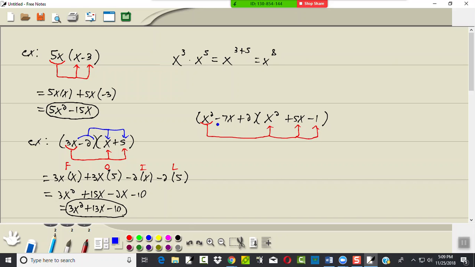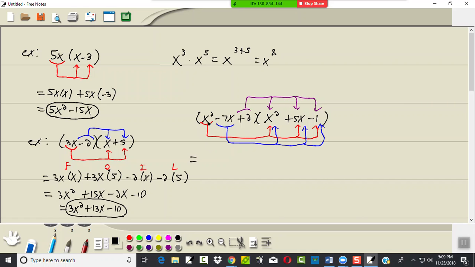Then take my second term, the negative 7x, and I'll multiply it times each term over here. And then I'll take my last term, the 2, and multiply it times each term over here. So it does not matter what it looks like in terms of multiplication. Using the line method, you just follow the line and see what to multiply together.